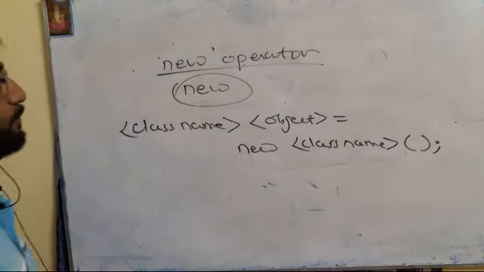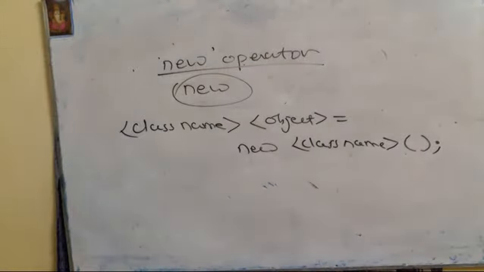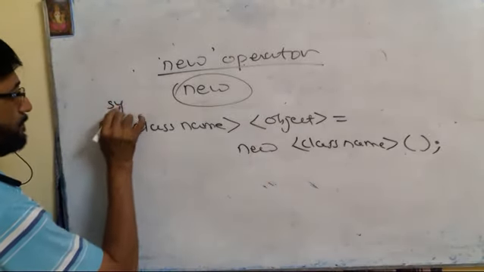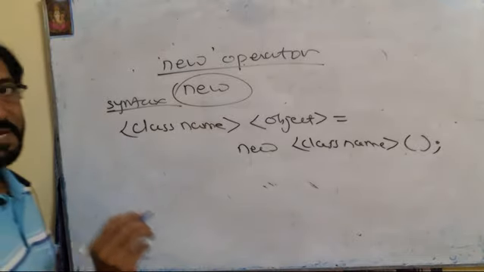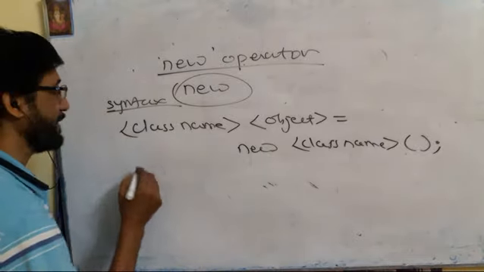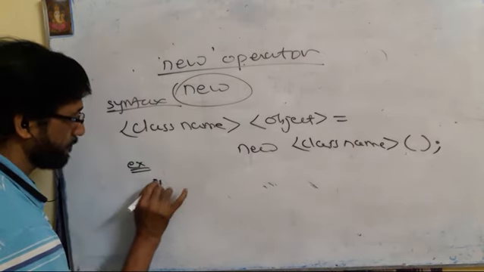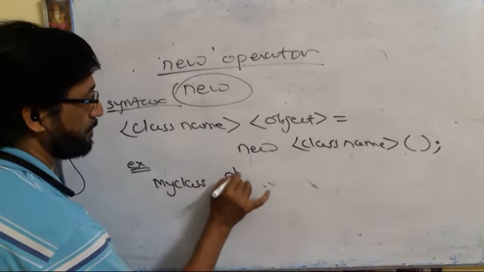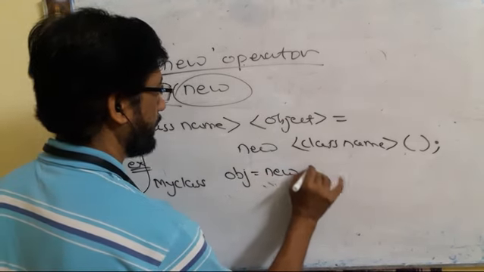So operator new is used to create an object, that means to allocate spaces to the instance variables of a class. So the syntax is class name, object name is equal to new class name. For example, suppose the class is MyClass. The example to create the object of MyClass is, say, MyClass object is equal to new MyClass.